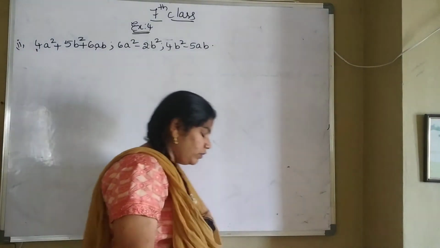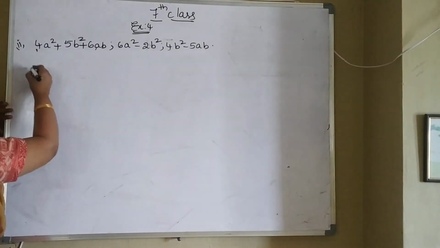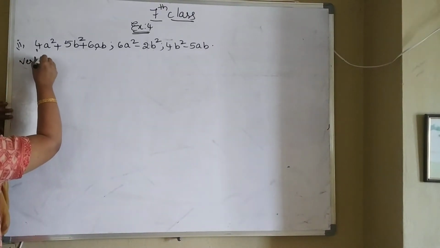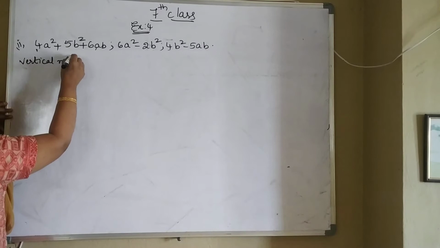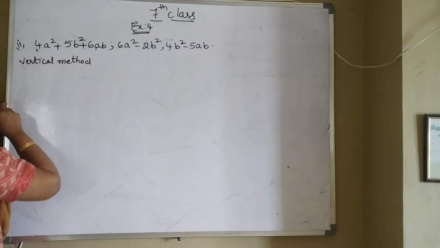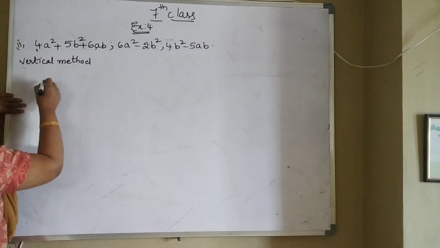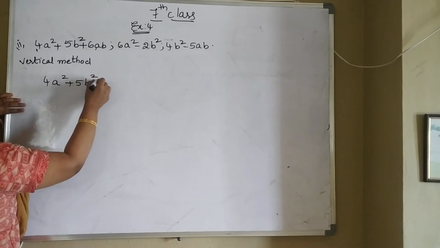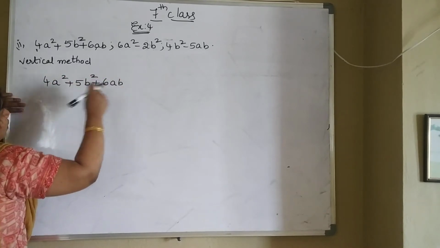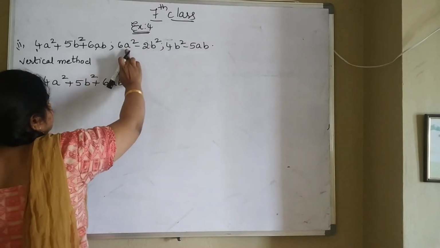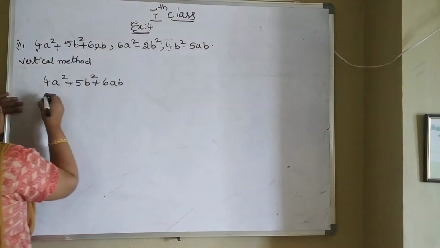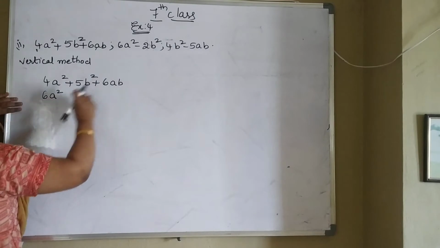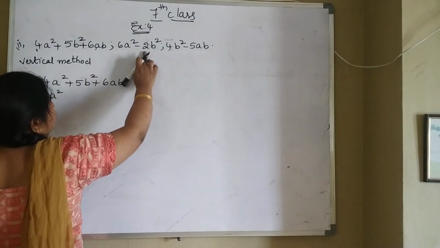First I am doing the vertical method. What is the first expression? This one, that is 4a square plus 5b square plus 6ab. The second expression is this one. The a square term is 6, so this is 6a square, and minus 2b square.